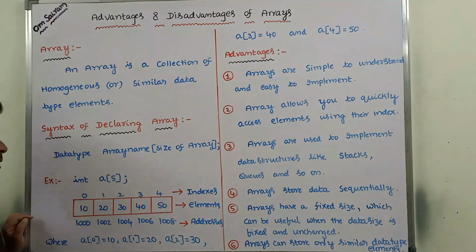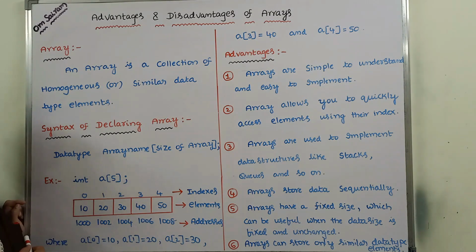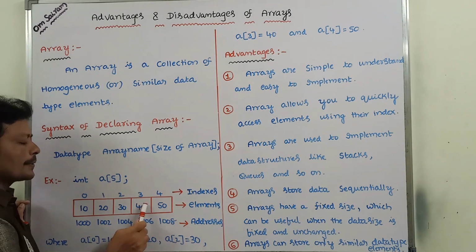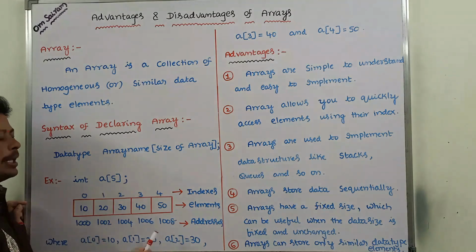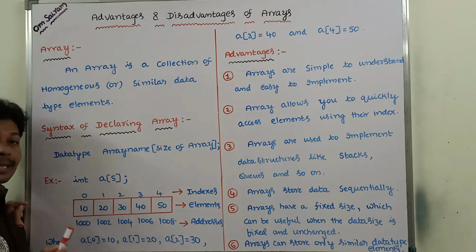Next, how to access the elements from the array. a[0] is 10, a[1] is 20, a[2] is 30, a[3] is 40, a[4] is 50. The array elements can be accessed by using the index.